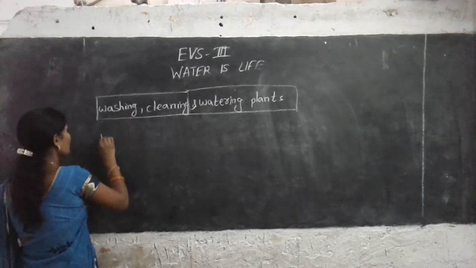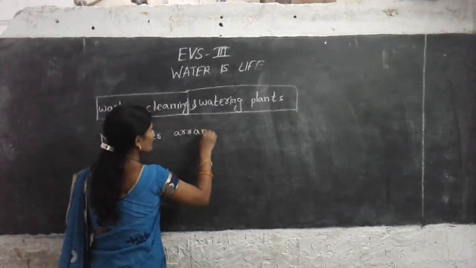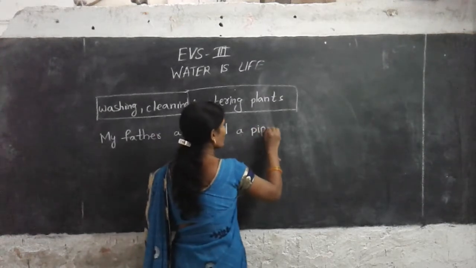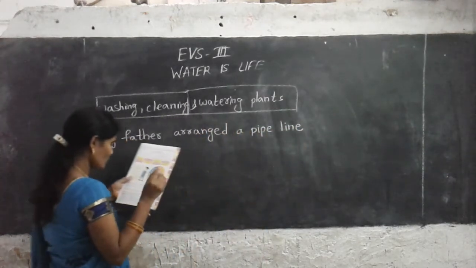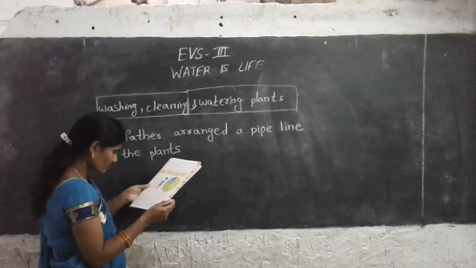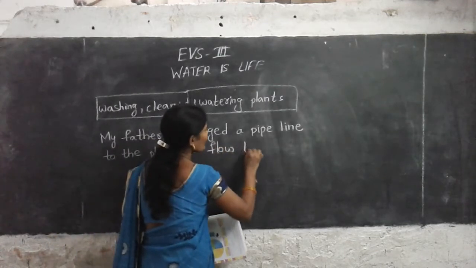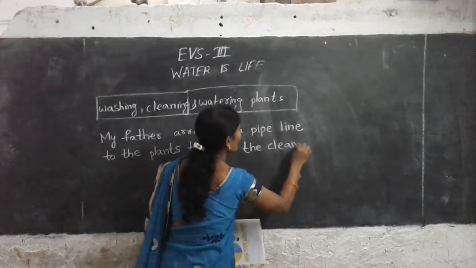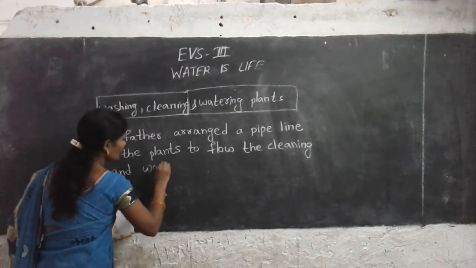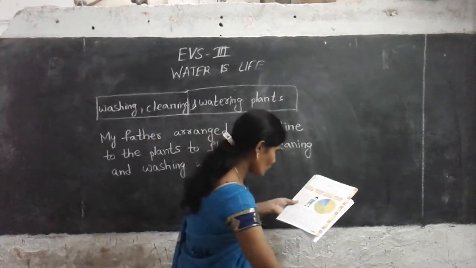How? Write down here, my father arranged a pipeline to the plants to flow the cleaning and washing water to go to the plants.